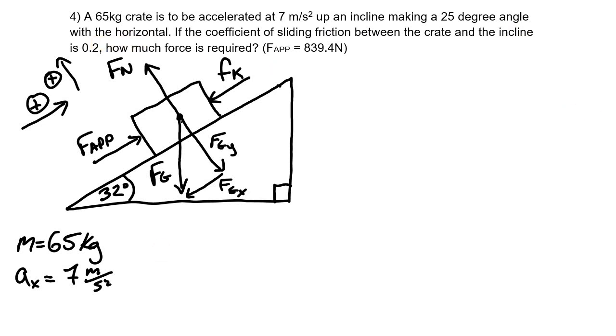Okay, so that's our mu k. And what are we trying to find here? How much force is required? Alright, and I believe that we have all of our given information. Oh, you know what? One thing that I forgot over here is this. There we go.